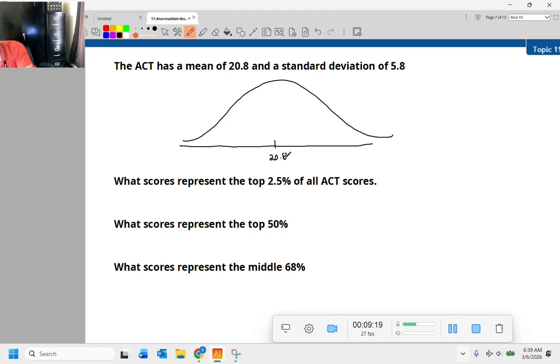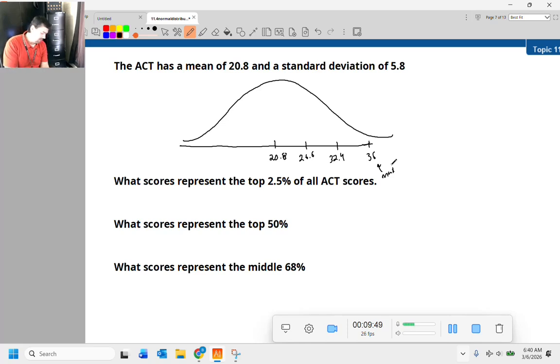If we take 20.8 and we add 5.8, I feel like we get 26.6? Yeah, seems right. We add another 5.8. We'll have 32.4, I think. And normally we would add 5.8, but we have to stop here at 36 because that's the max score. You can't go above 36.